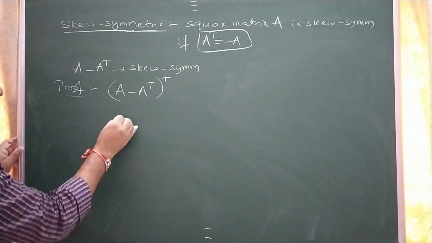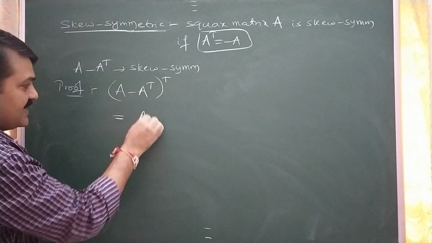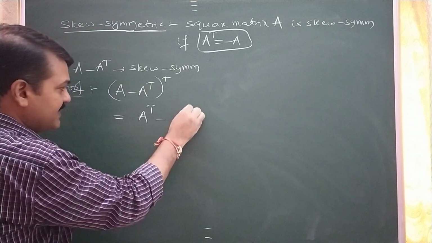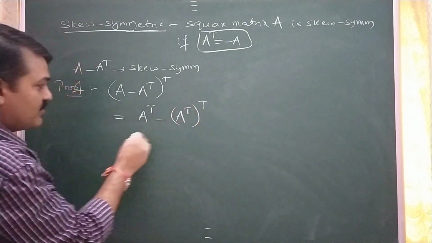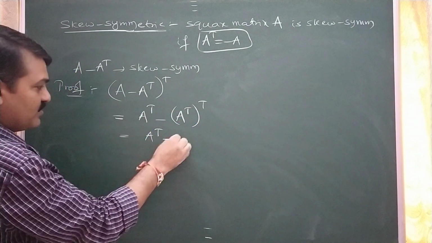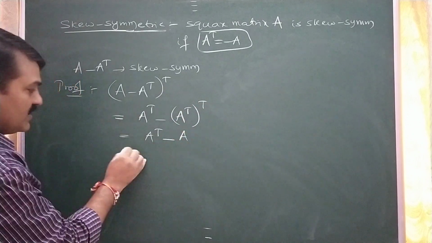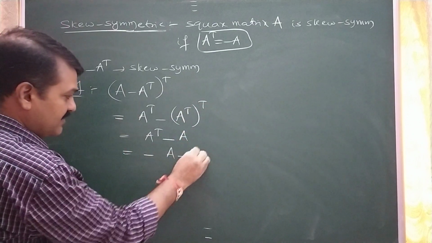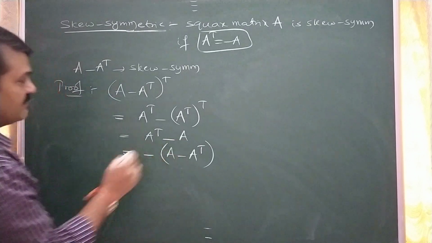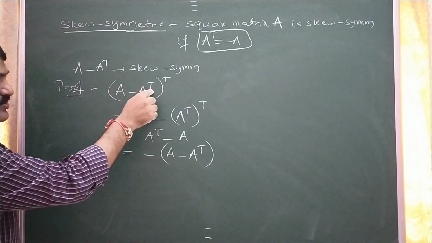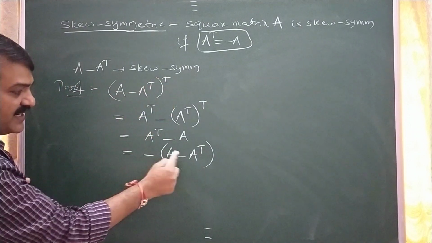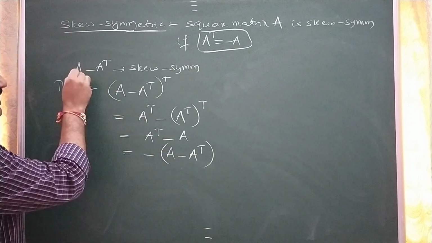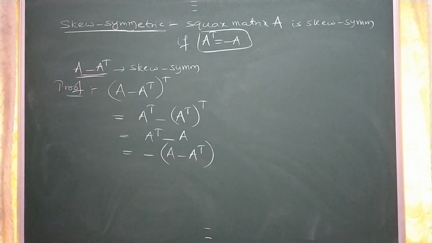Let us see. We can write this as A transpose minus A transpose whole transpose, so A transpose minus A. So take minus common. That's it. A minus A transpose whole transpose, you are getting the negative of that. Therefore, A minus A transpose is always a skew symmetric matrix.